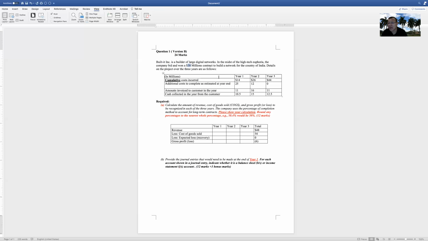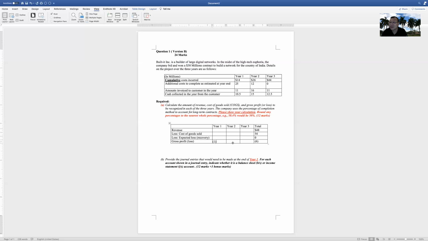Right away, we know that this is an onerous contract, and the loss would be $1 million: 38 minus 39, that's a $1 million loss. Remember, according to IFRS, if it's an onerous contract, we have to immediately recognize 100% of the loss. So I'm going to have a loss here of $1 million.